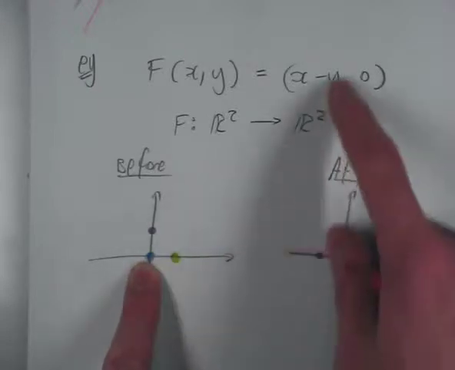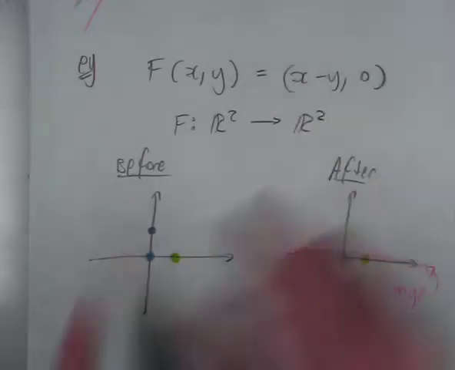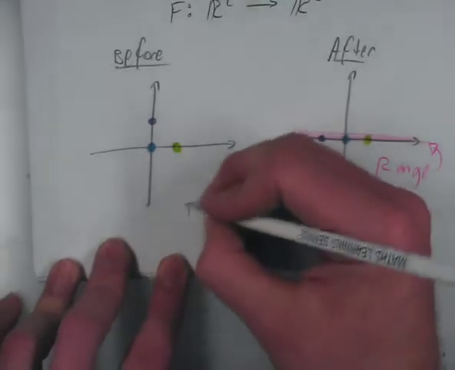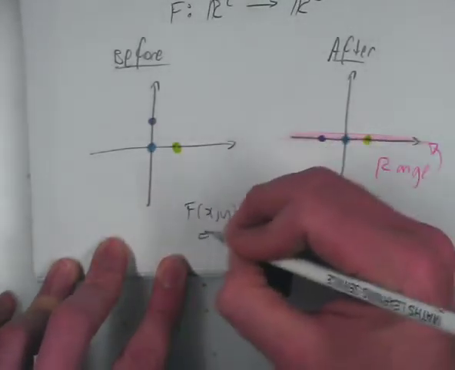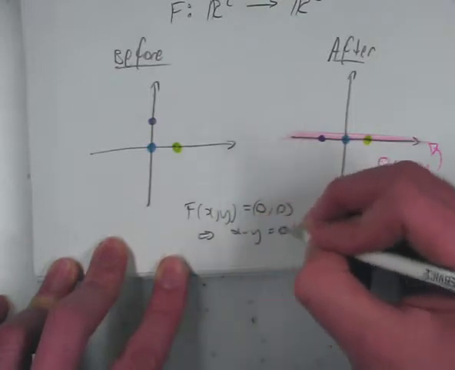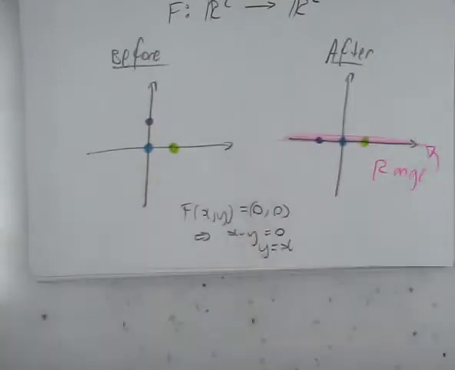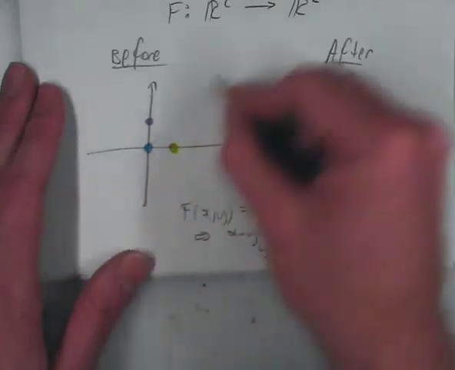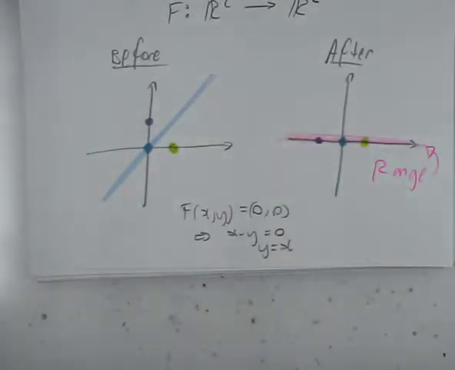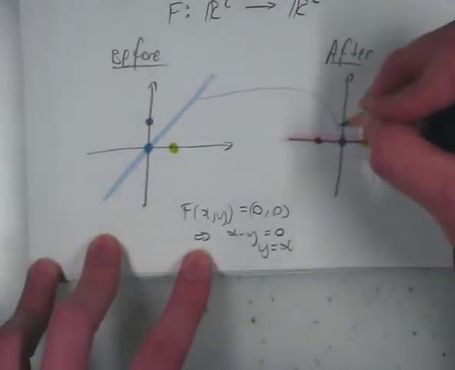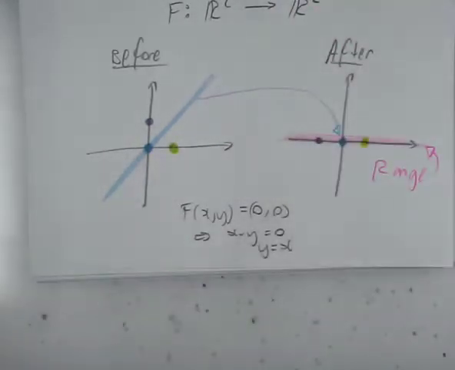In order to be 0, it must be x minus y equals 0. So if f of (x, y) equals (0, 0), that means that x minus y is 0, which means that y equals x. So this line here, all of those points, no matter what they are, end up here.